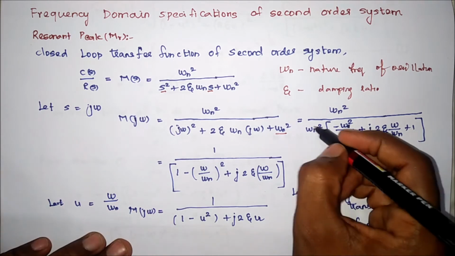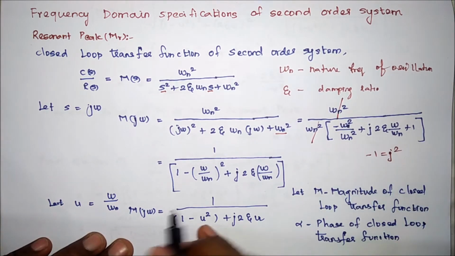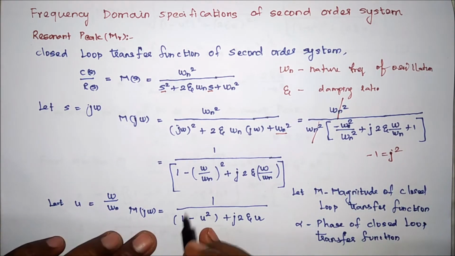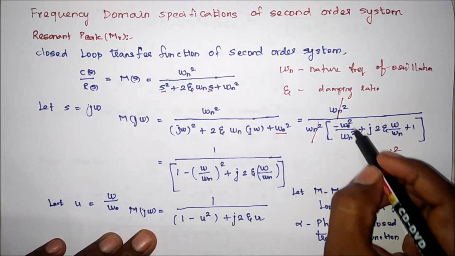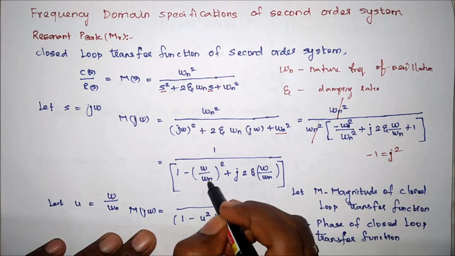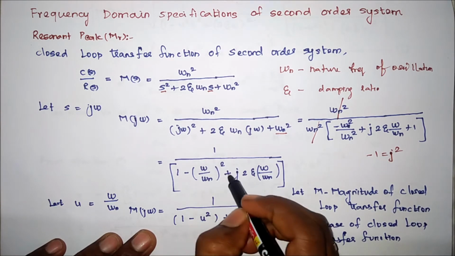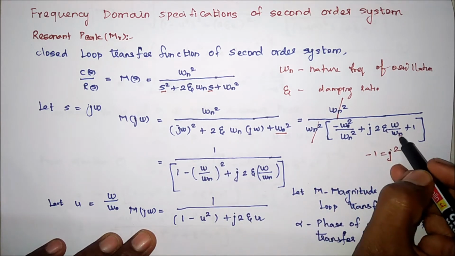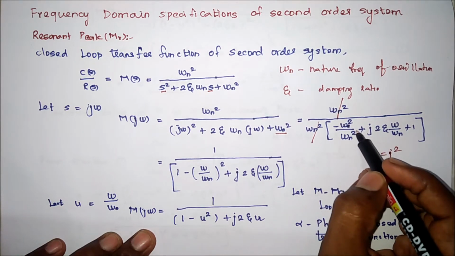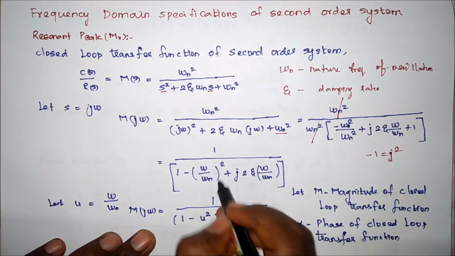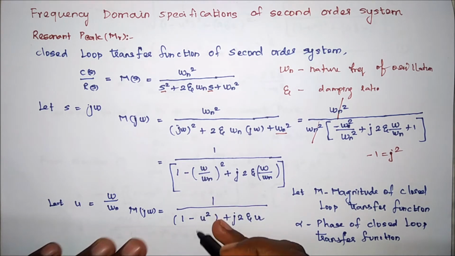So now we will cancel this omega n square, this omega n square. So finally we will have 1 divided by 1 minus the term omega divided by omega n, the whole square, plus j 2 eta omega divided by omega n. So here this is square, this is also square. So we have considered common square for omega divided by omega n.